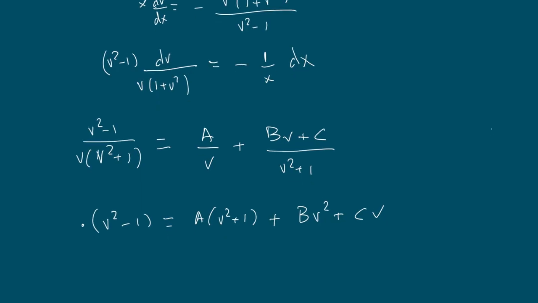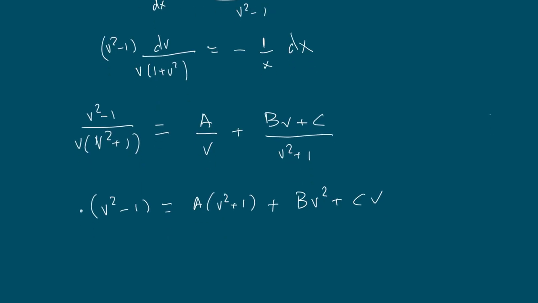Now to solve it, I look at the term that has v squared. The coefficient here is 1. So let me put this together.